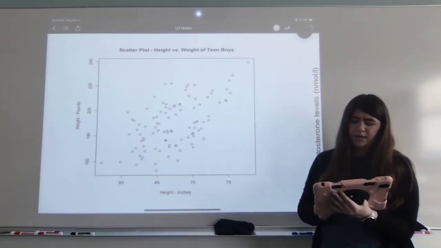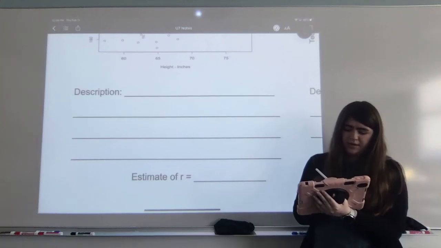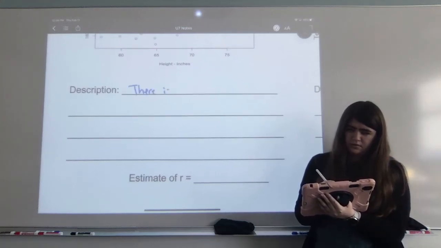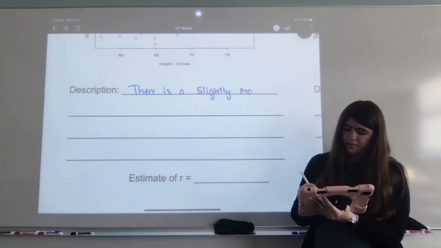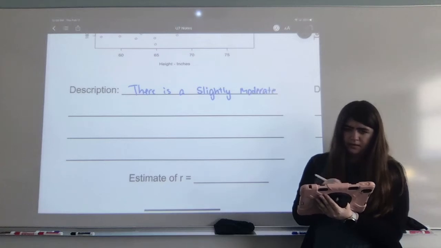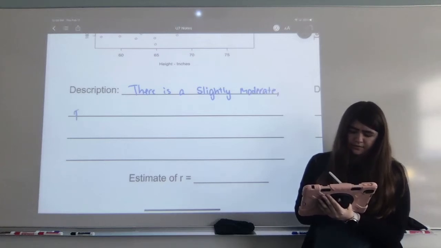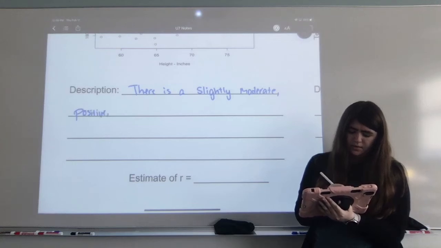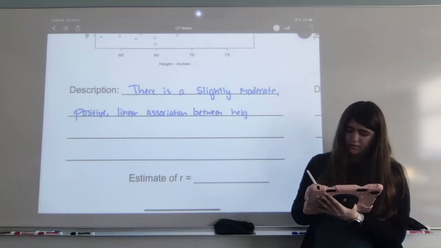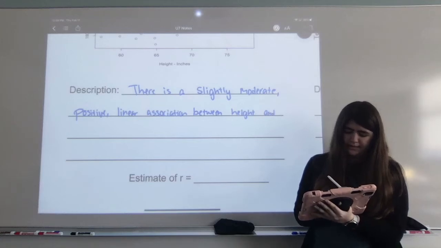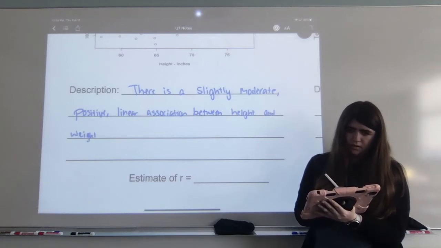So let's go ahead and write our description for this. There is a slightly moderate, is what I called that, slightly moderate positive linear association between height and weight of teen boys.